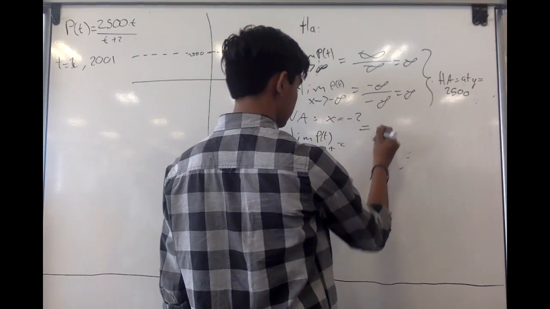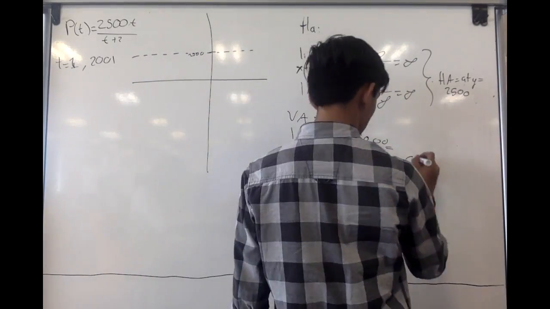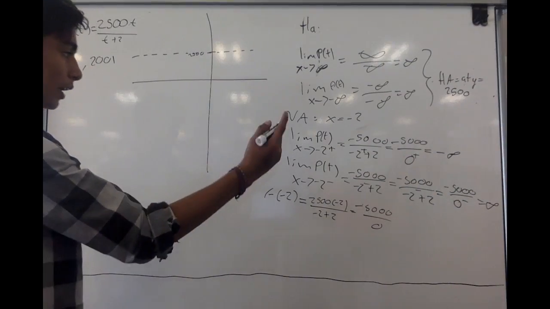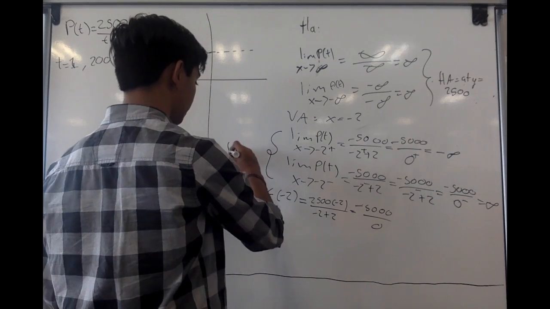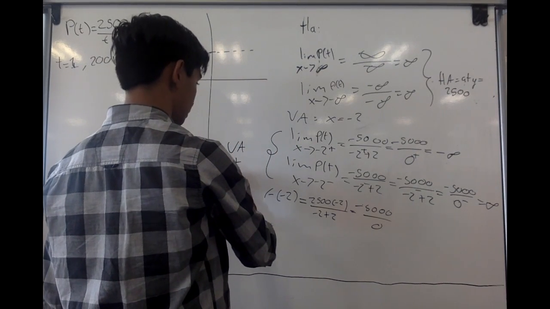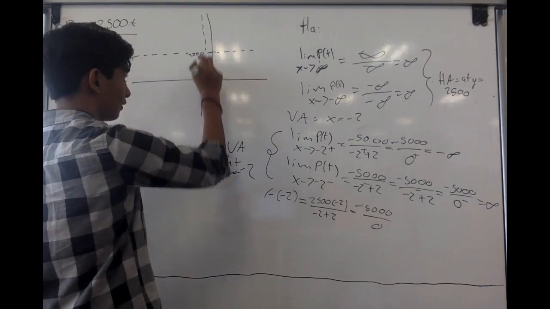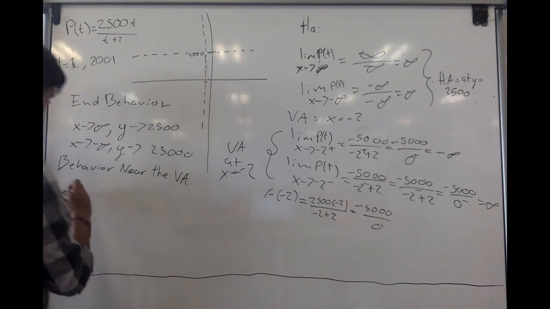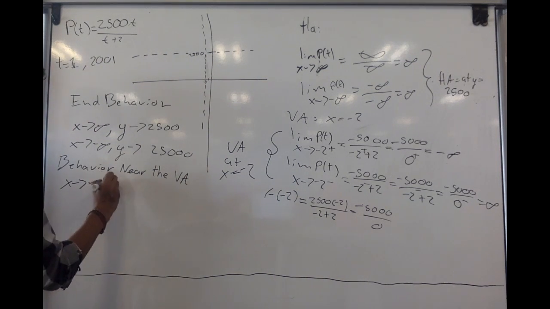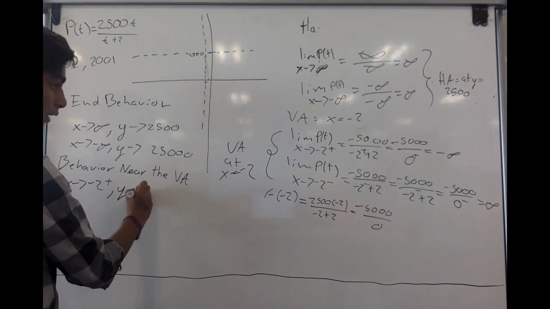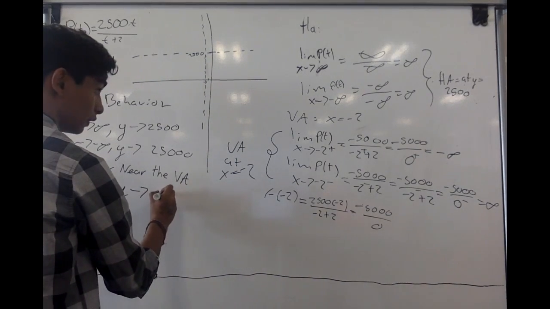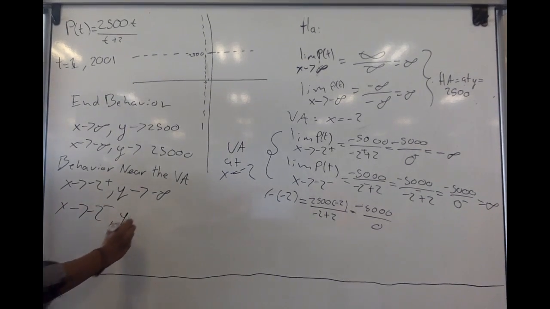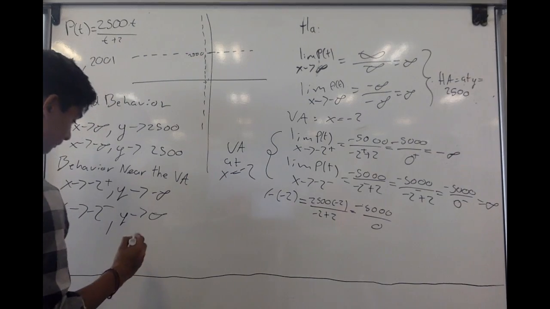So here in the limits, we can infer from this that we have a vertical asymptote at x equals minus 2. Near the vertical asymptote, as x approaches minus 2 from the right, y approaches minus infinity. As x approaches minus 2 from the left, y goes to infinity.